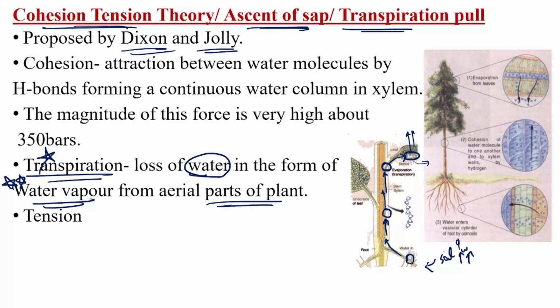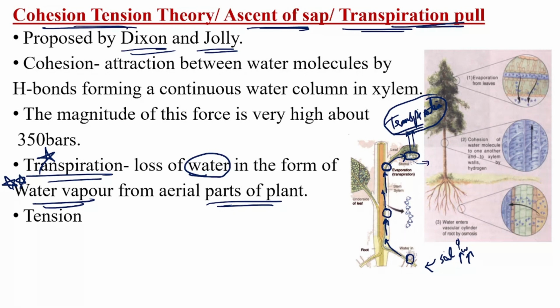So that's the reason the root takes up water from the soil, and this water is again taken up by the stem, because the stem is deficit as it has given water to the petioles. Petioles are deficit because they have given water to the leaves. Leaves are deficit of water because of transpiration. So this transpiration is causing the water to be pulled from below. It is causing the driving force. That's the reason this theory is also called transpiration pull.